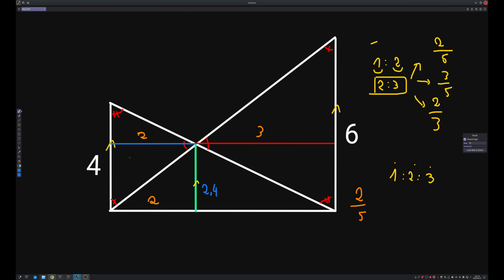And I can check: I can take now this 4 over there, and I say, okay, I want to go from all of this, which is 5, so I will have to divide by 5, to 3, so I will have to multiply by 3. If I do that, 4 divided by 5 is 0.8, 0.8 times 3 is 2.4. So we have the same result, which is normal because we use the same ratio.